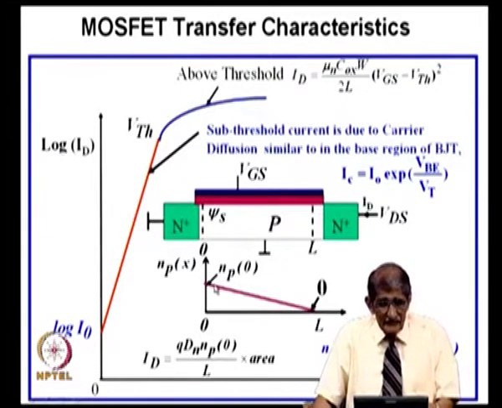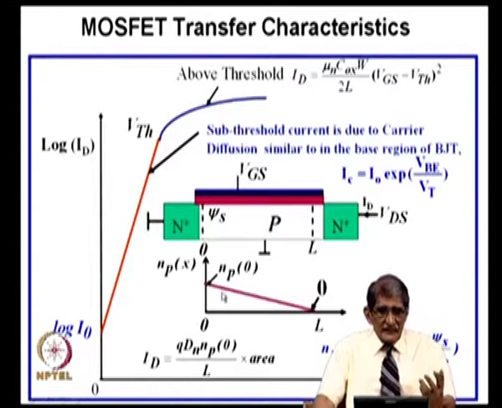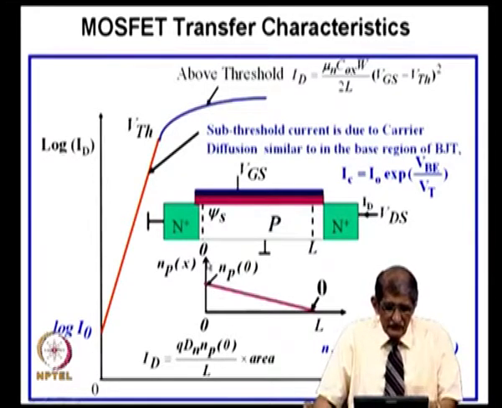What is the carrier concentration here? I call it NP0. 0 is y equal to 0 here and y equal to L here. Both ends you can see there is a depletion layer. This is a forward bias junction, this is a reverse bias junction, this is the depletion layer width, if it is heavily doped.